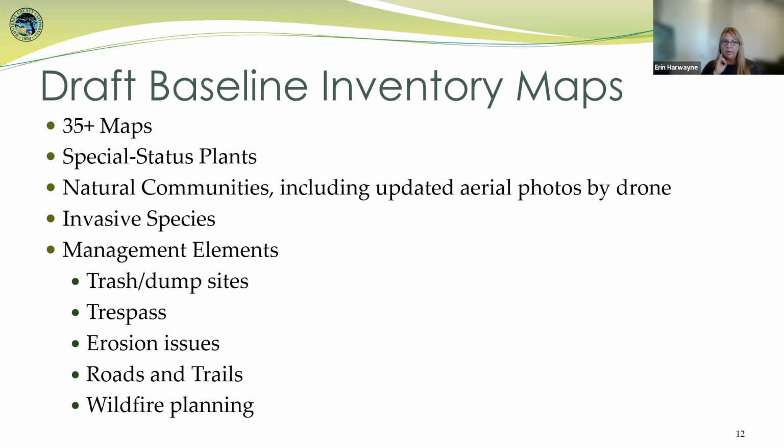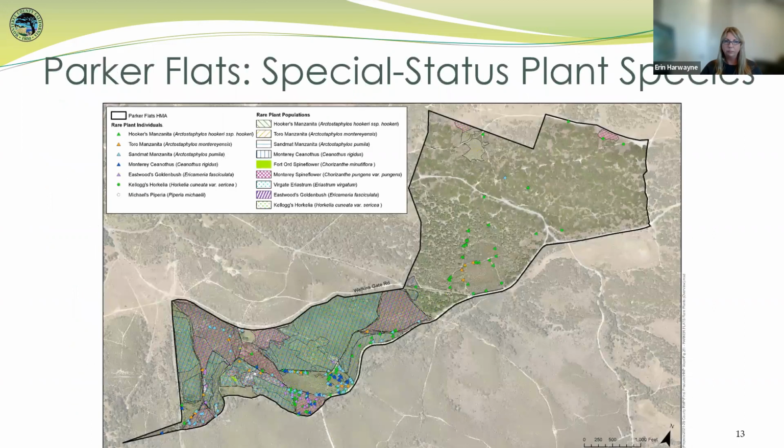But areas where people dump and throw trash, trespass, where volunteer trails are causing issues, erosion issues, any thoughts you have on roads and trails, and of course, a very important issue near and dear to this area is wildfire planning and making sure we have FireWise planning incorporated into this mapping effort. So next slide.